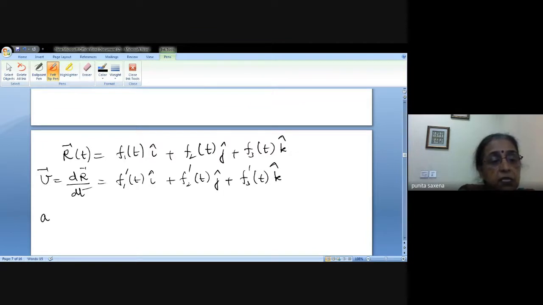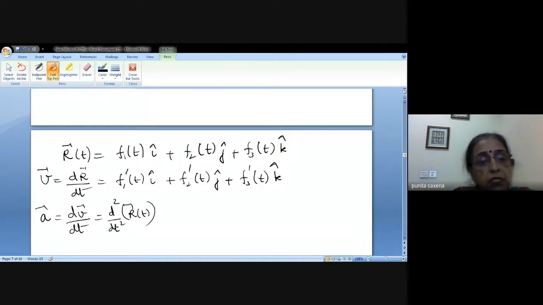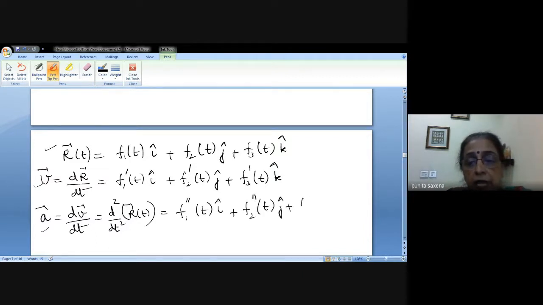And acceleration is the rate of change of velocity with respect to time. So acceleration is the second derivative of the displacement function, because once we differentiate the displacement, we get velocity, and we differentiate again to get acceleration. So this is f1 double dash(t)i plus f2 double dash(t)j plus f3 double dash(t)k. This is going to be your acceleration vector.